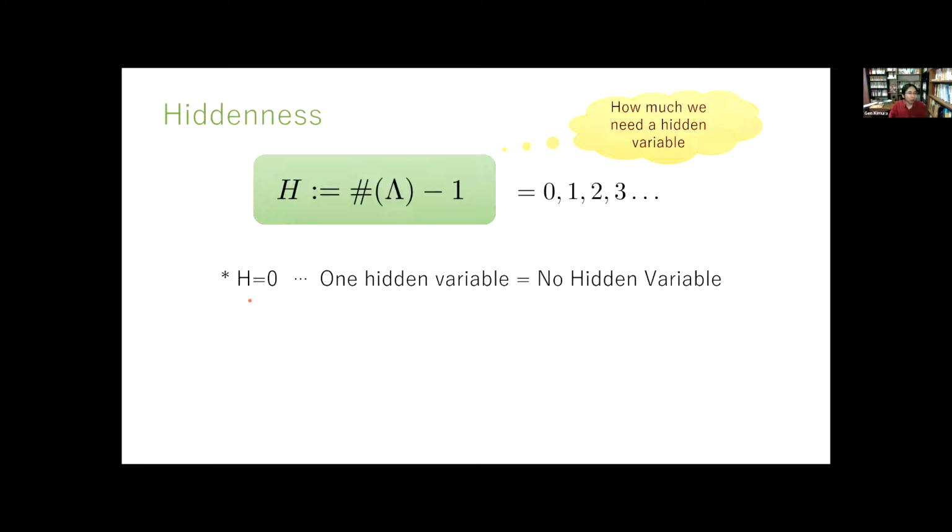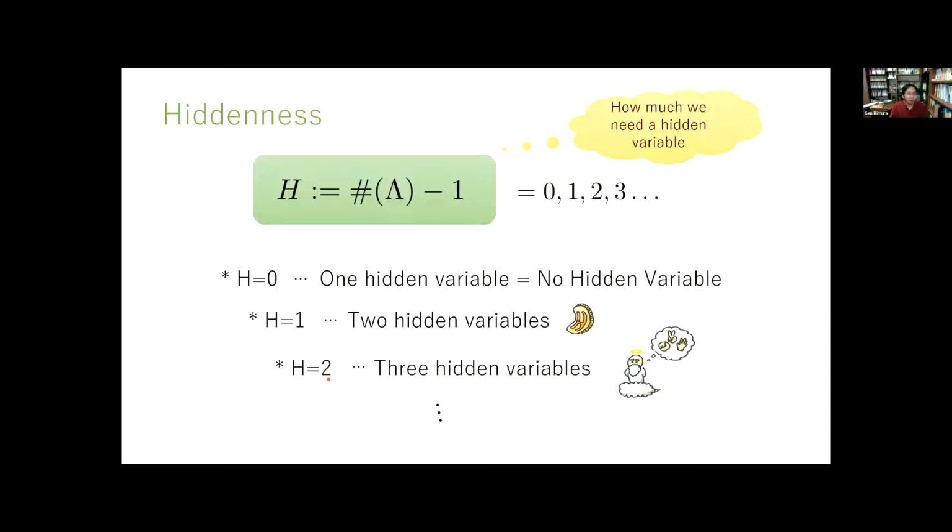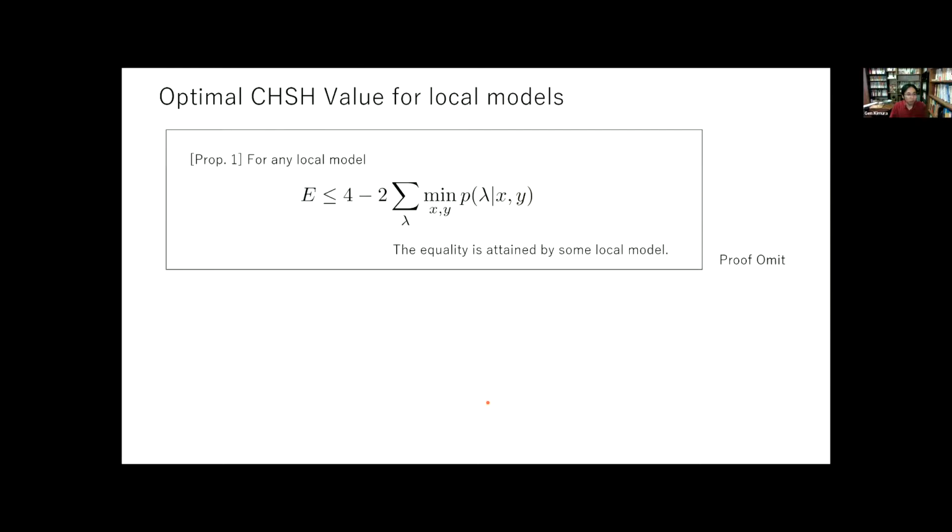The minimum, where we have only one hidden variable, corresponds to the case where we do not introduce hidden variables. But as a non-trivial case, where h is 1, we have 2 hidden variables. So you can imagine that our world has a kind of two-sided aspect, like a head or tail, whatever you call it. And our empirical statistics is derived by averaging over the two hidden variables. And when h is 2, we have 3 hidden variables, and so on and so forth.